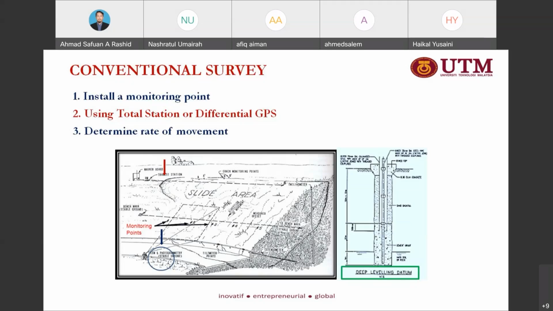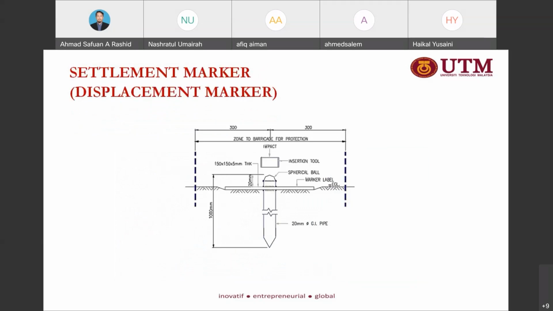So this is the settlement marker, which we install on the surface of the ground. Then by using a surveying method, we can determine the movement in the vertical direction. So this is the settlement marker.